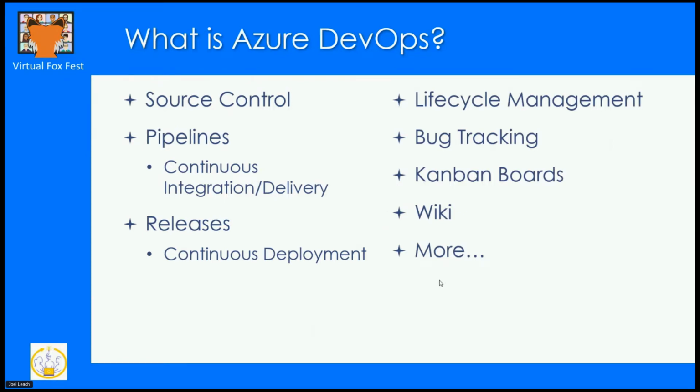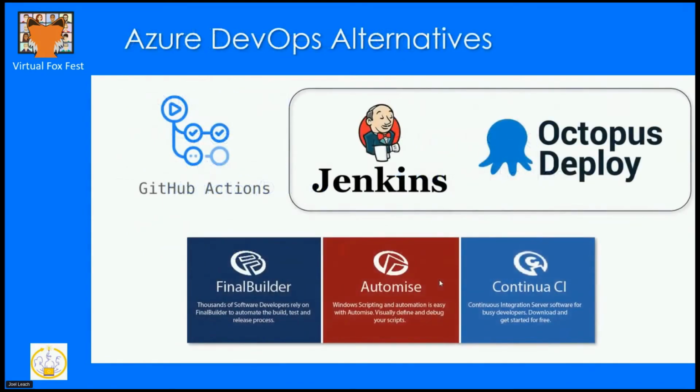In any case, I'm not promoting Azure DevOps over other solutions. It's just what I use, and I'm primarily demonstrating concepts, and what you see should work somewhat similarly in other tools. There are a ton of other options out there, so check those out and decide what is best for you.